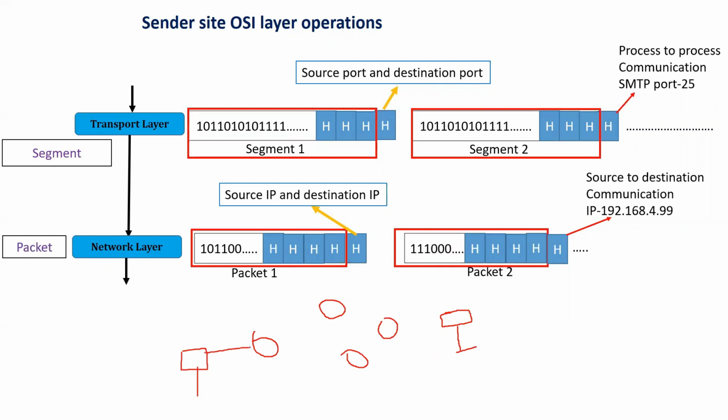So there are some routes. For instance, I can transfer my packets through this route, or I can use this route, or there are even different routes. That means I can transfer my packets through these routes. So there are various routes that we can use to forward our packets.